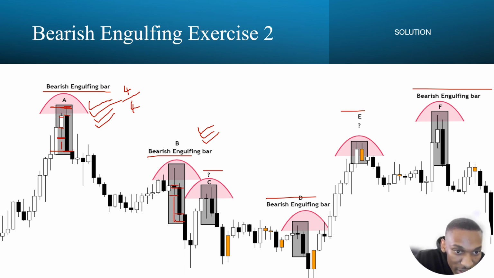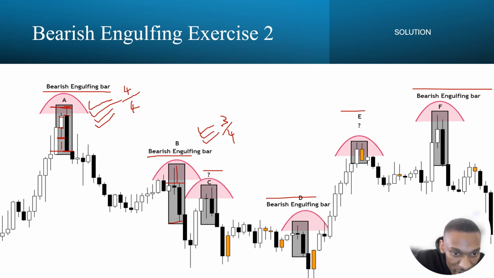And the last one, it has to be fully engulfed. In this case, it is not fully engulfed. Let me just clear up and then talk about the engulfing one. So the first candlestick has to be fully engulfed, meaning it has to be within the second candlestick. In this case, it is not because it overlaps here. It overlaps. So we only meet 3 out of 4, but we only need 3 conditions to be met.